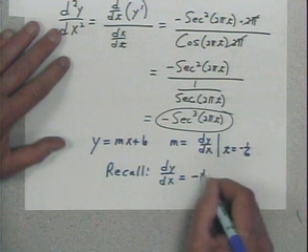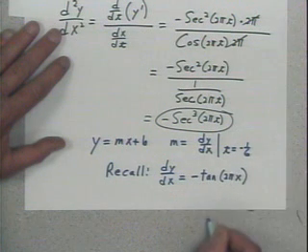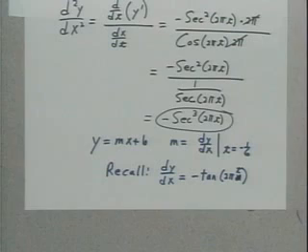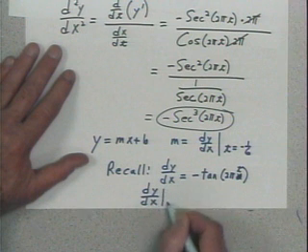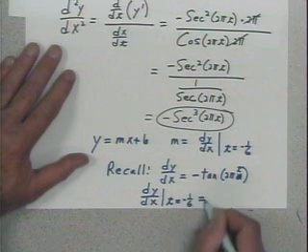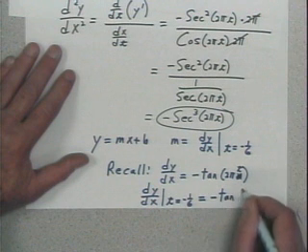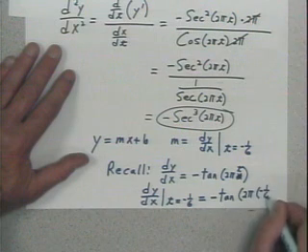It was negative tangent of 2 pi t. Okay, I think that's what we got for the first derivative. Does that look familiar? So, if I want to take the first derivative and evaluate it at t equals minus 1/6, I'm going to get minus tangent of 2 pi times minus 1/6.